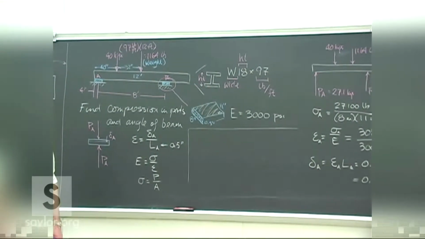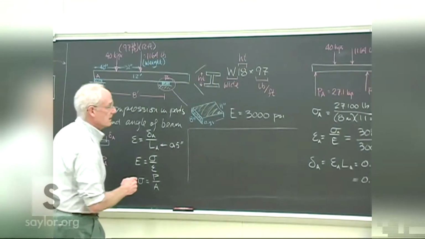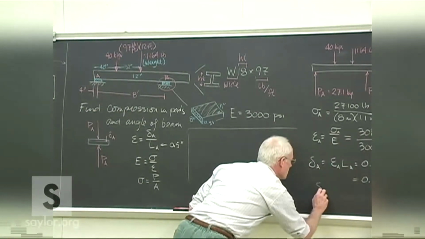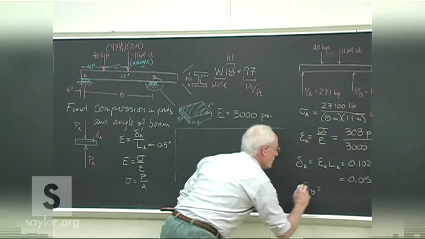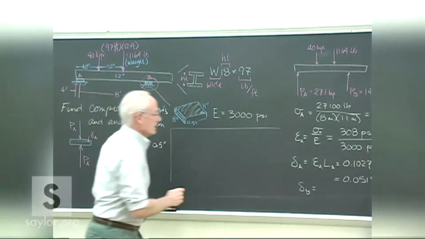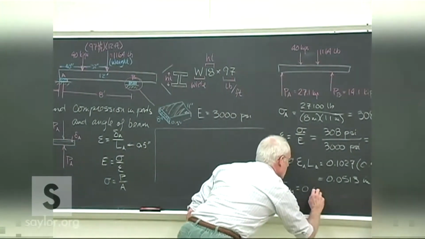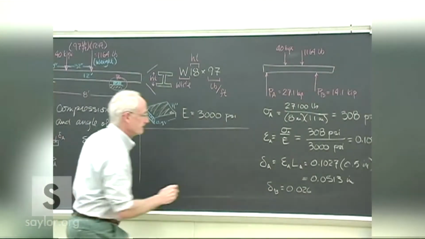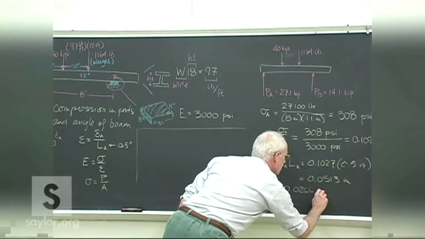Plus there's another assumption in there that we'll get to. So you can do the same calculation for the other side of the beam, and you'll get the tilt there, about half of what was experienced on the left side.